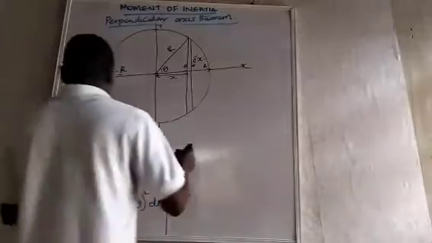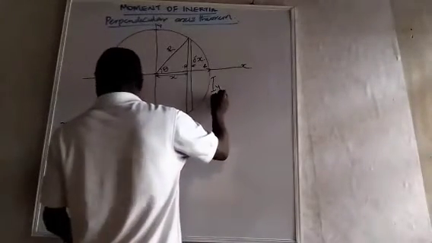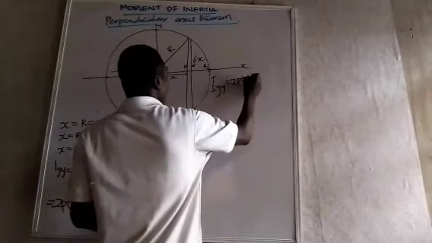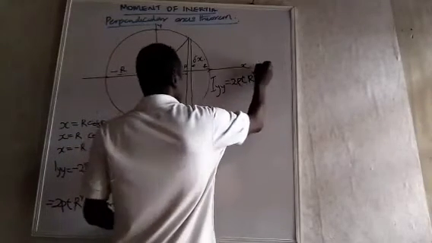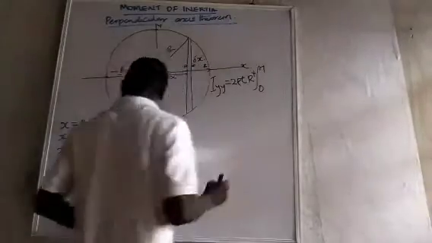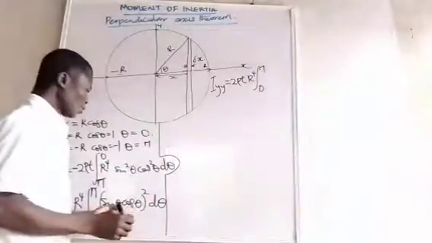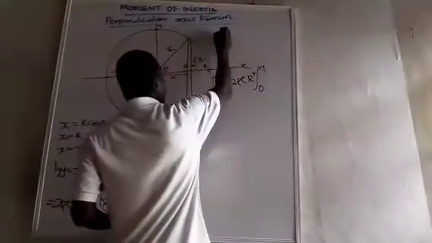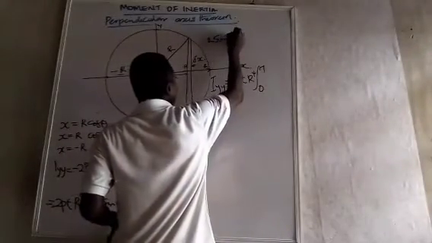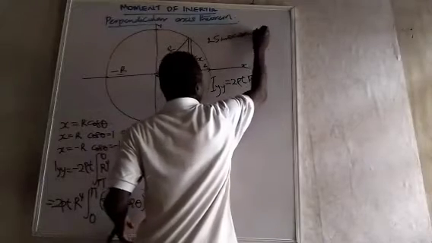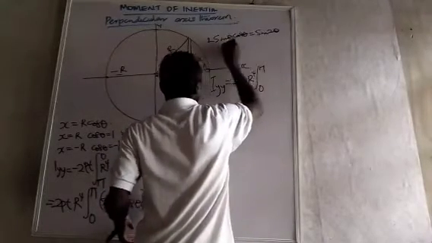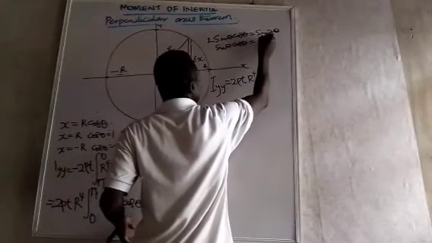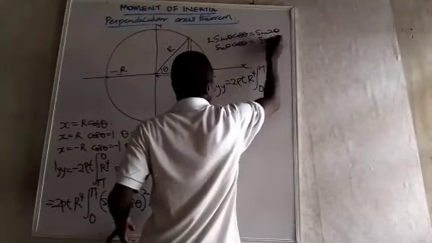Now I can make it Iyy equals 2 rho t r raised to the power 4 from pi to 0. You know 2 sine theta cos theta is equal to sine 2 theta. Therefore sine theta cos theta is equal to sine 2 theta over 2.